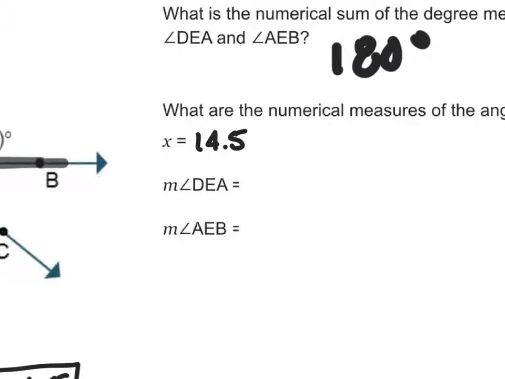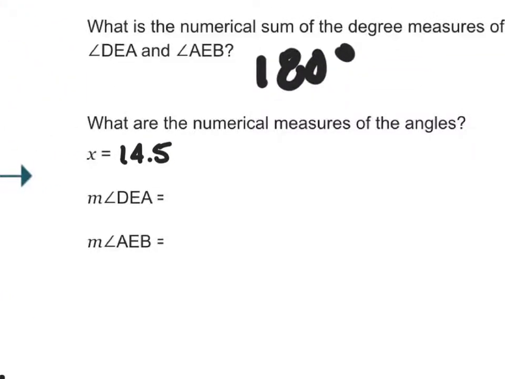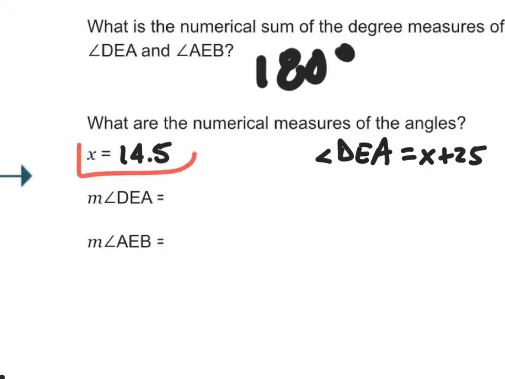Now that's not the angle measure. Remember that DEA was just x plus 25, so I'm going to do this work over here. I'm going to say that angle DEA is equal to x plus 25. Remember x is equal to 14.5, so I'm going to replace that here.